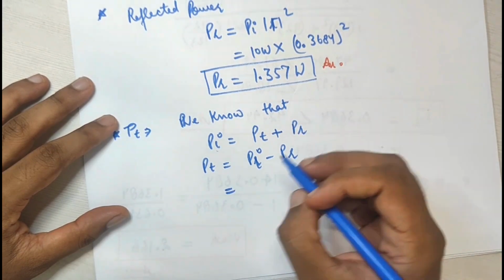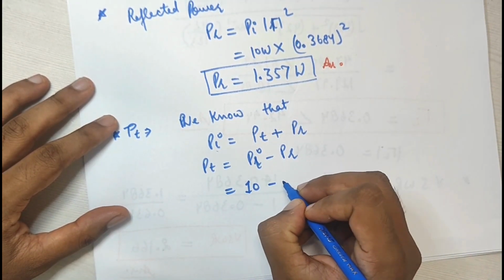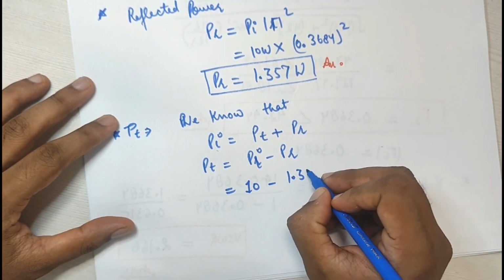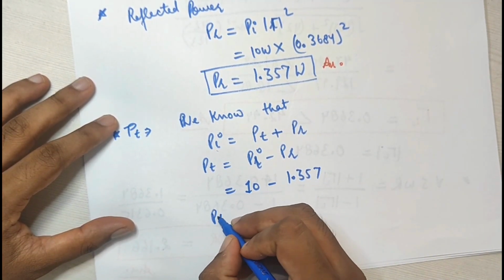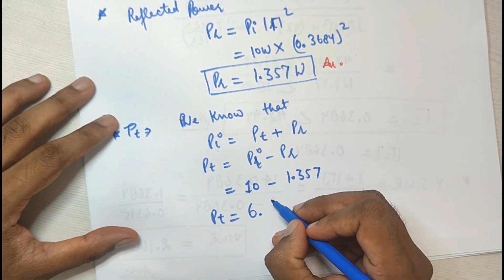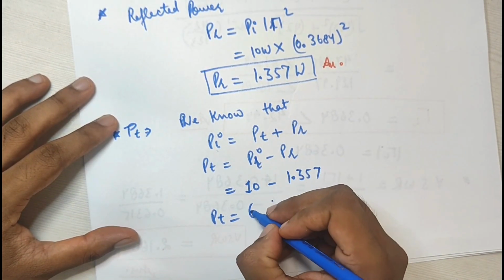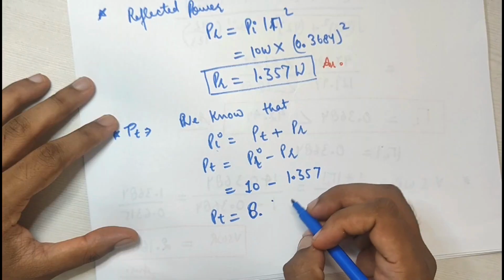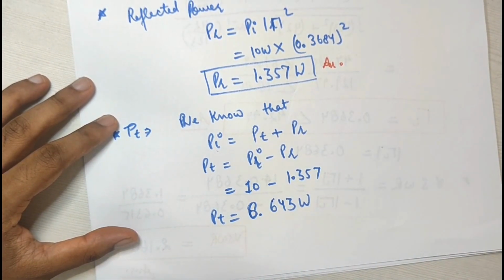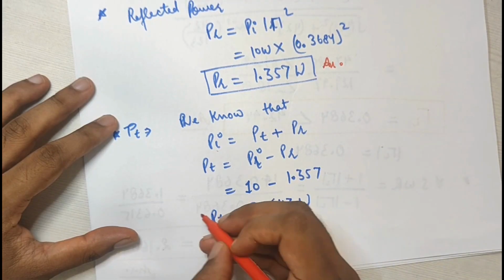What is PI? Incident power, that we know, 10. We have just calculated reflected power, that is 1.357. Then transmitted power can be written as 8.643 watt. We got another answer.